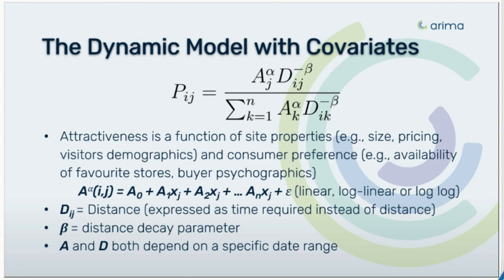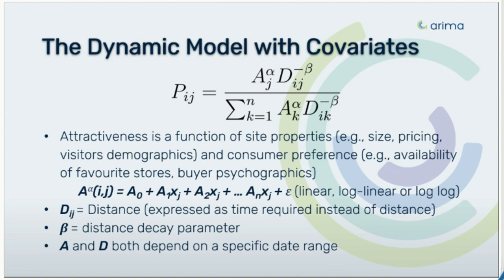There are obviously many more factors that you can include within the model, but the point here is that attractiveness itself is no longer a single-dimension measurement, but rather a whole function, a whole equation of many factors. Here you can see that we've turned A, the attractiveness parameter, into a function of many factors, each of which has its own weight.